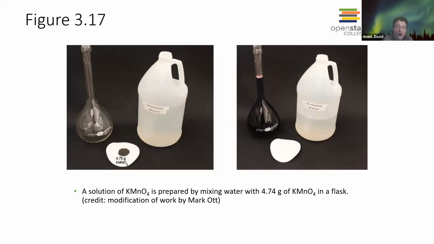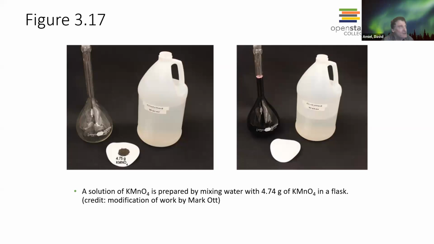We actually know how to make stock solutions. In this class, we've basically learned all the details about how to do that. So let's say you want to make a certain concentration of this stuff here, potassium permanganate. Say it's 1 molar.